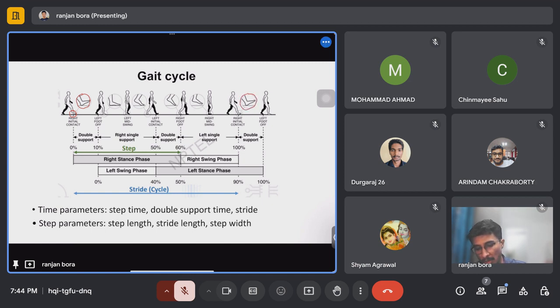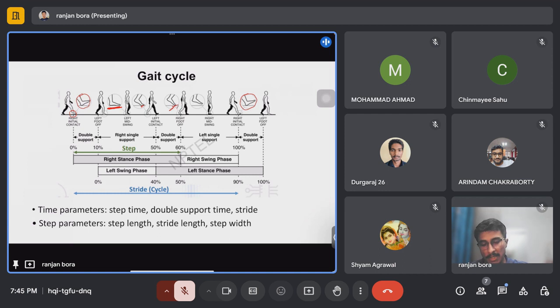First the heel gets contact with the ground, then the complete right foot is in contact with the ground, then the toe is in contact with the ground, and this is the point where the right foot is about to be lifted from the ground.